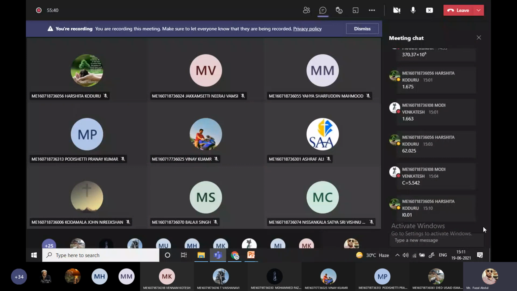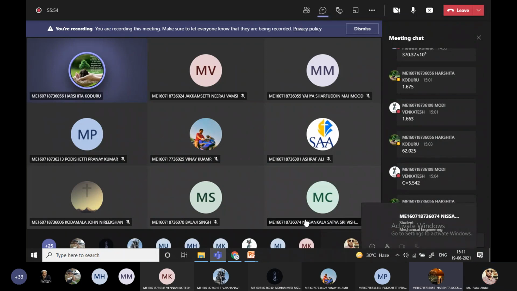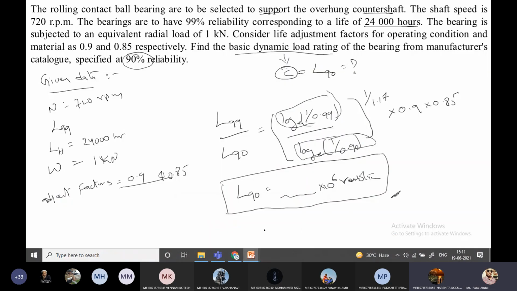How much did you get? 10.01. For what is this 10.01, Harshita? For log e of 1 by 0.99, not 10.01. Okay. Do it fast. Tell me the L90 value.